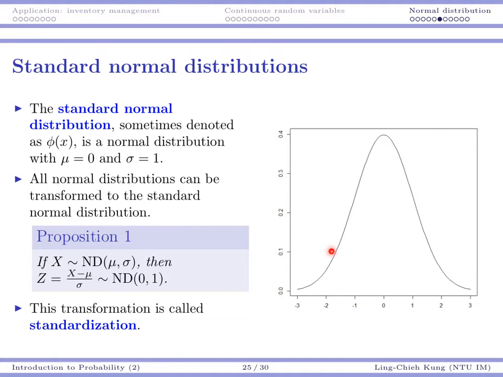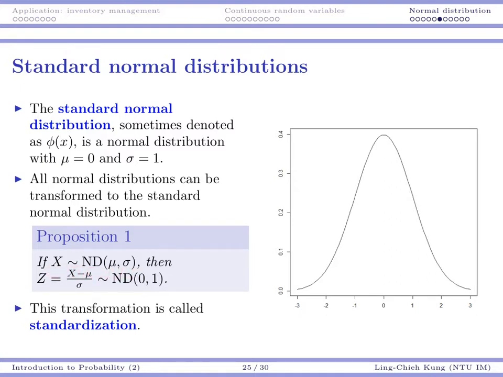So its curve will look like this. Mean at 0 and the standard deviation 1. All the normal distributions can be transformed to the standard normal distribution. What does that mean? Suppose I give you a normal random variable, let's call it x.